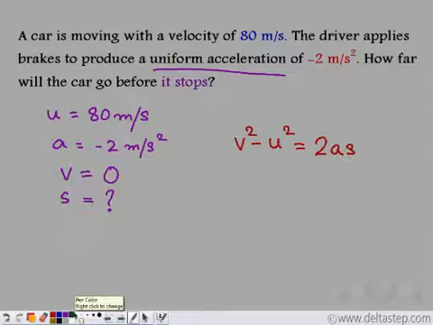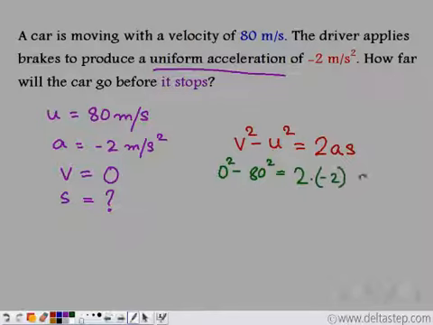So V is 0, 0 square minus U is 80, 80 square is equal to 2 times A is minus 2, S. So 0 minus 80 square.